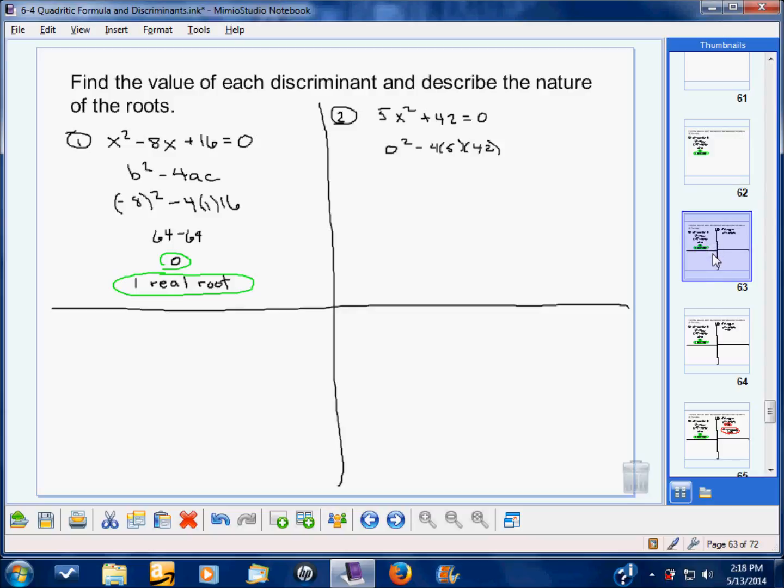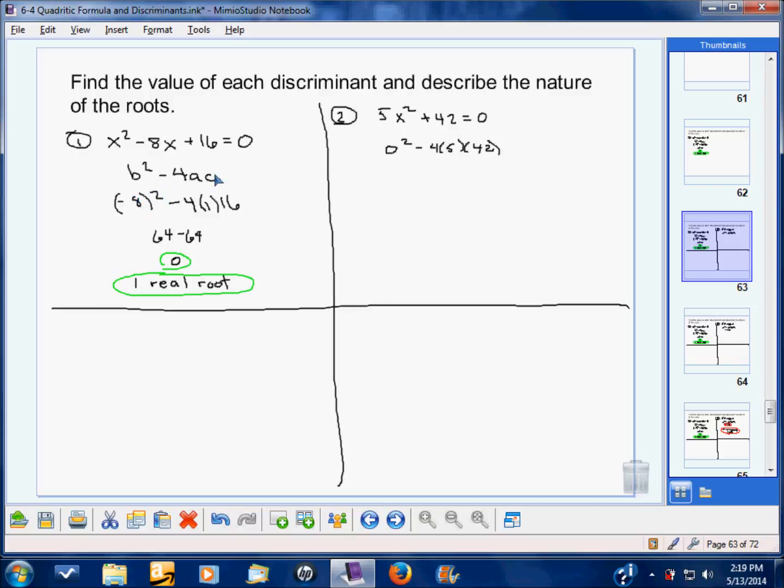Okay, let's look at another one. 5x squared plus 42 equals 0. Why do I have a 0 here? Which is this, A, B, or C?